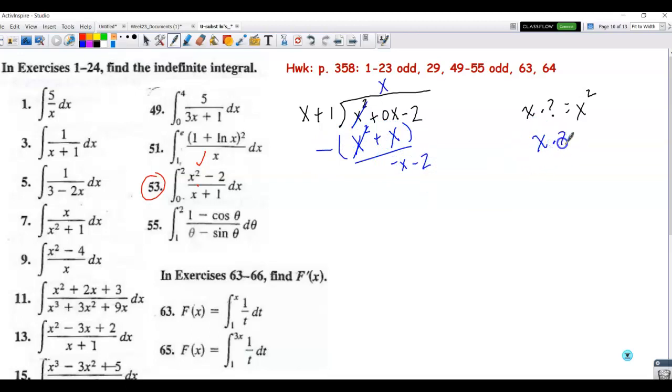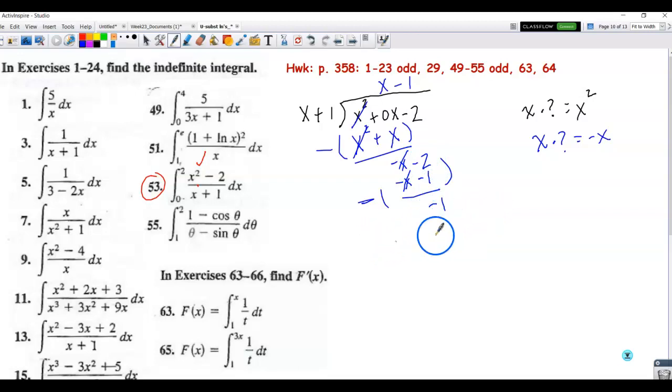x multiplied by what gives me negative x? That's negative 1. Negative 1 times 1 is negative 1. Negative 1 times x is negative x. Subtract. That subtracts the x's out. Negative 2 minus negative 1 is negative 1 because that's negative 2 plus 1.